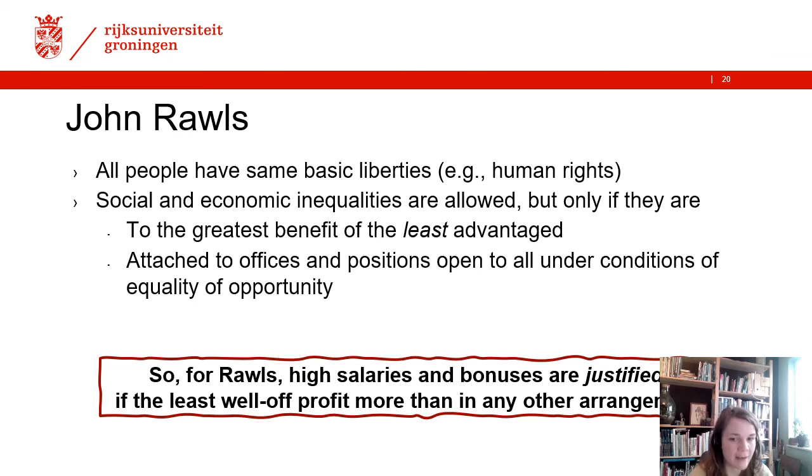So high salaries and bonuses can be justified for Rawls if the least well-off profit more than under any other arrangements. So if you remember the example that we started this lecture with, where the CEOs were receiving super high bonuses, if this goes together with employees receiving a higher wage than in any other arrangement, for John Rawls, this would still be a just distribution, even though it's not an egalitarian distribution.